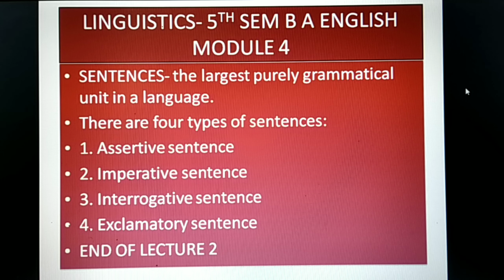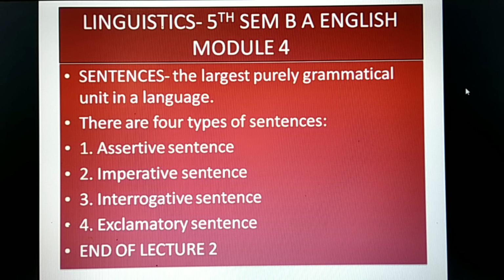Now we have the third type of sentences. They are interrogative sentences. We understand that the very word interrogative means to question. So obviously, interrogative sentences are questions, and there are different kinds of questions.